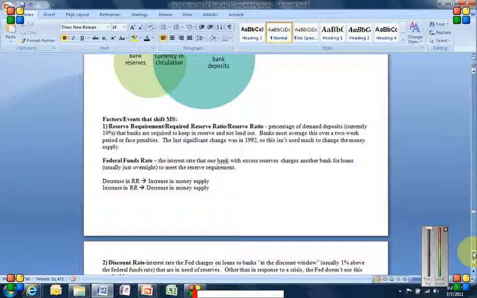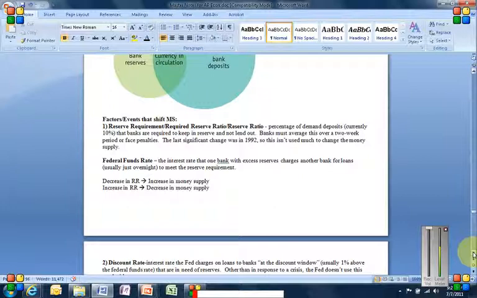If the law says that they have to set aside 10% of all the deposits made in that bank and not loan them out, then if they're found short overnight, they can borrow it from another bank. They can even borrow it from the Fed, from the central bank. But if they borrow it from another bank, then they get charged a rate, of course. There's no such thing as free. That's known as the federal funds rate.